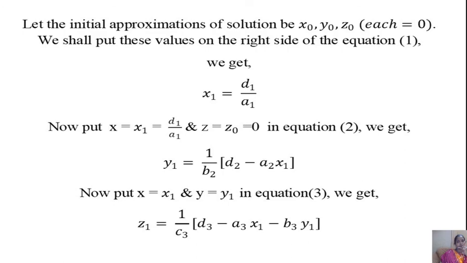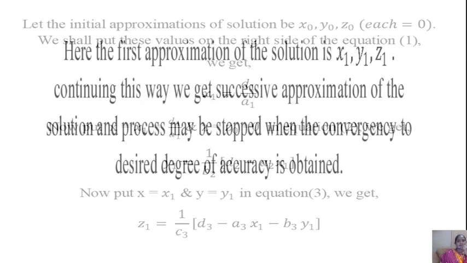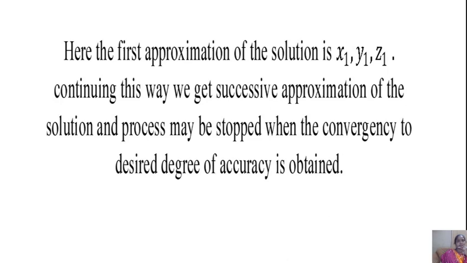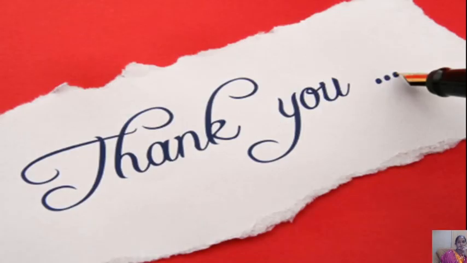Once you know the values of x1 and y1, put them in the equation for z to get z1. Here the first approximation of the solution is x1, y1, z1. Continuing this way, we get successive approximations of the solution, and the process may be stopped when convergence to the desired degree of accuracy is obtained. Thank you.